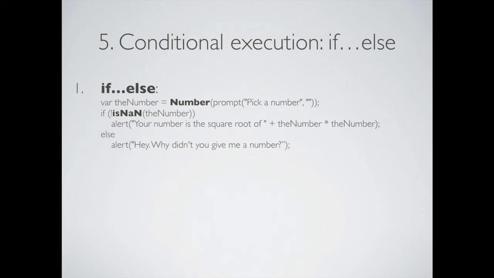There is an exclamation mark in front of the function, which means we want the opposite. So if it's not NaN, which means it is a number, then we will alert something. And if that condition is not met, we will alert, hey, why didn't you give me a number?